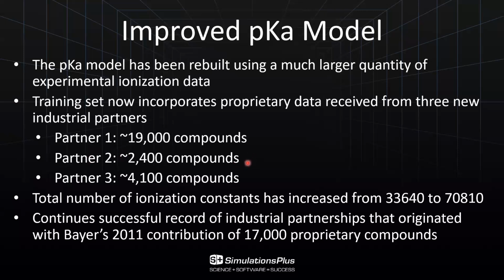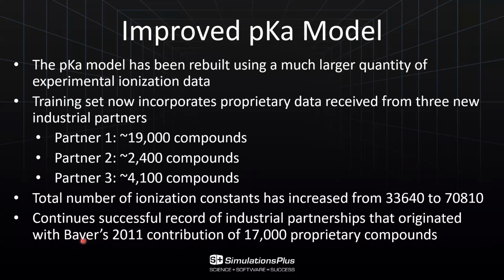They have provided respectively 19,000, 2,400, and 4,100 compounds. So the total number of ionization constants has now more than doubled from around 33,600 to over 70,000.